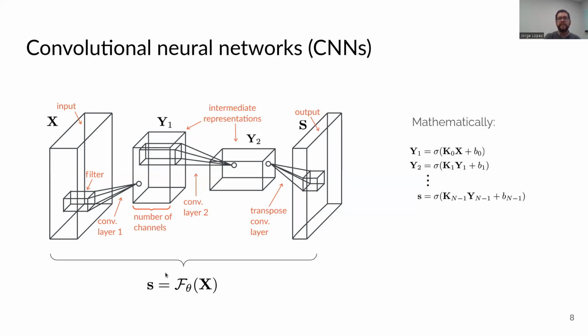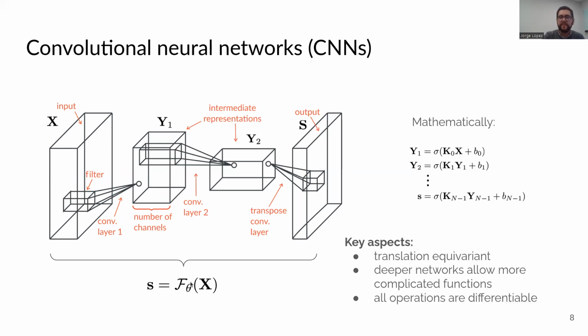In summary, you can write that the neural network is this function f, taking the input x, and all the parameters of the neural network are contained in this theta vector. A key aspect is that it's translation equivariant. That means that by having these filters, it doesn't really matter where certain patterns are.